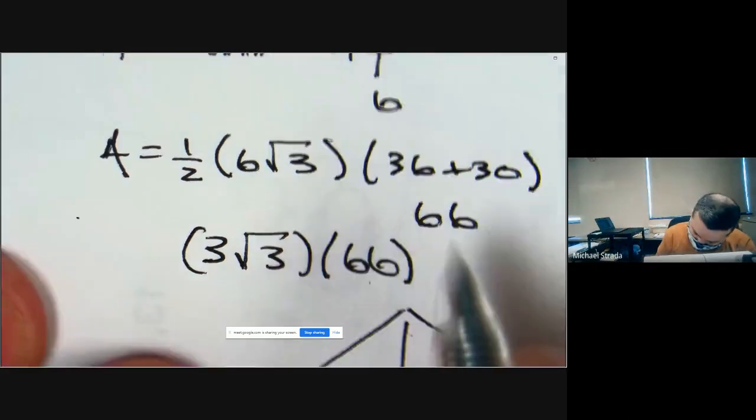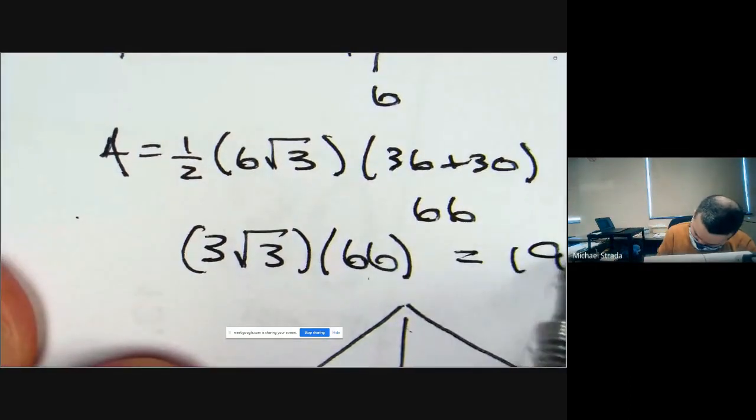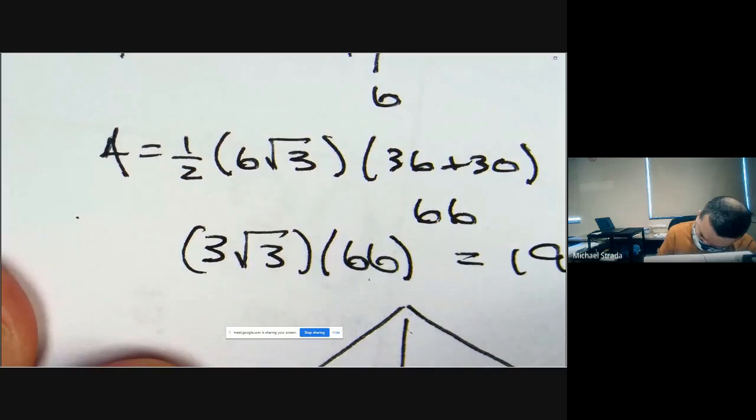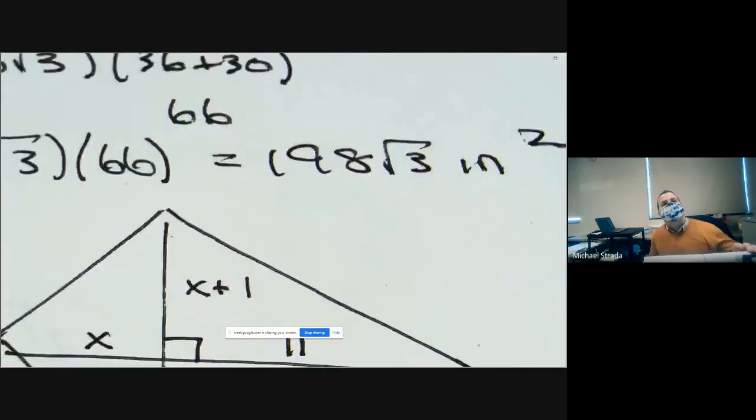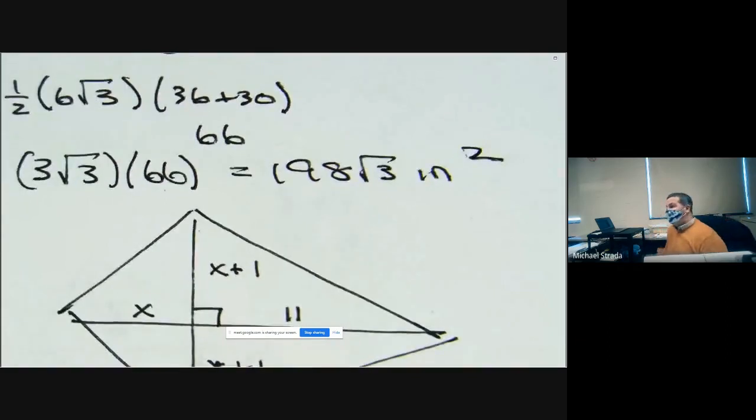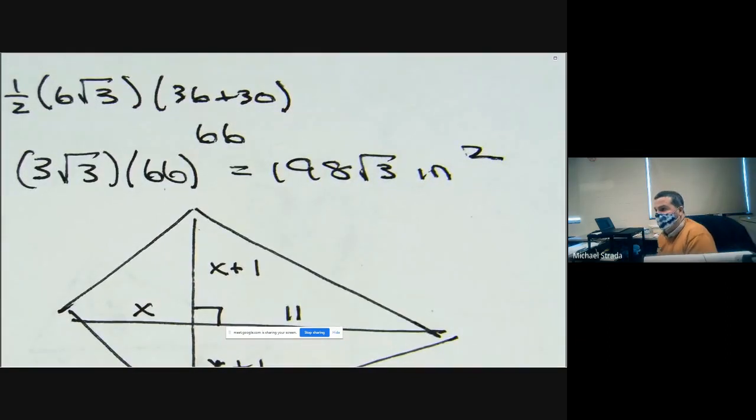And that would be 198√3 inches squared. All right, that's exact. So no one's going to contact me or ask me during a quiz what it means by exact. That's exact.